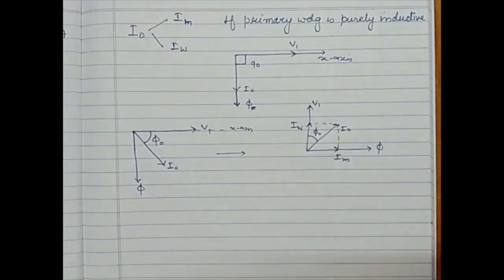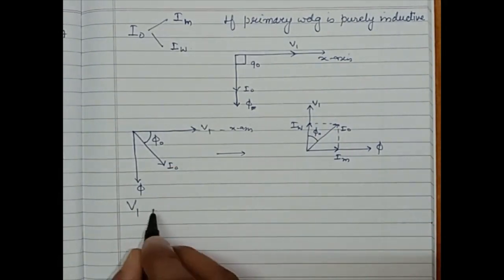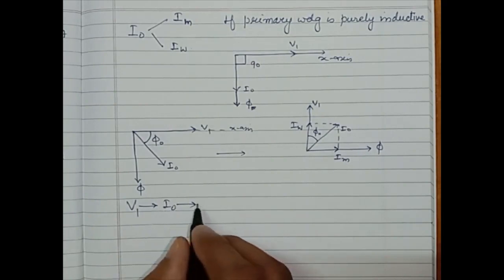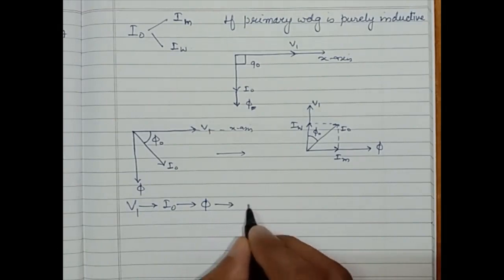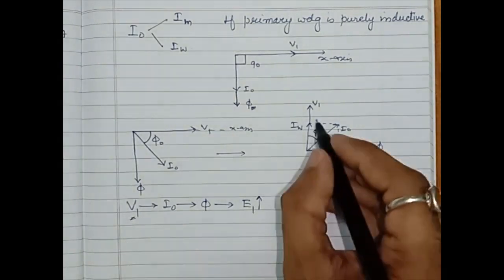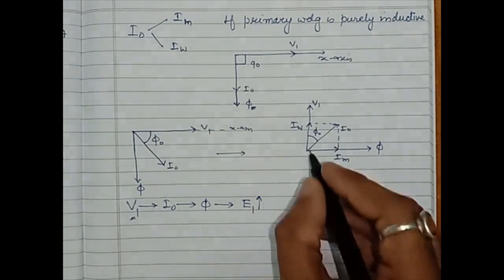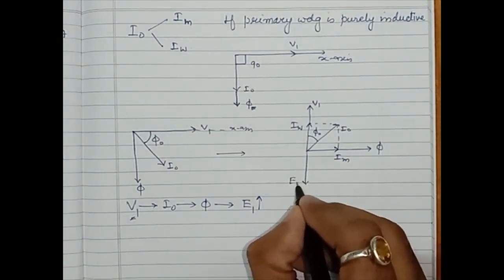Previously we learned this flow. When there is a V1, there is production of I naught. Due to the flow of I naught in the primary winding, there is a setup flux phi, and this flux will produce E1, which is opposing V1. It means E1 and V1 are in opposite directions.